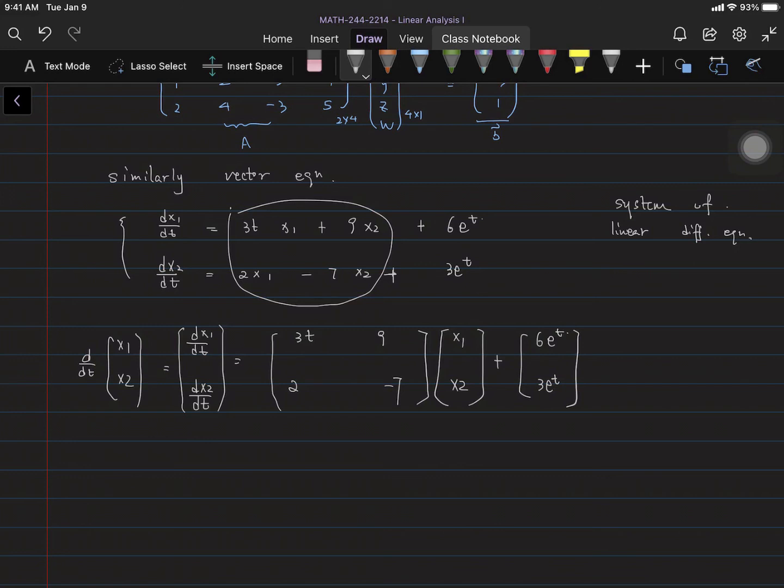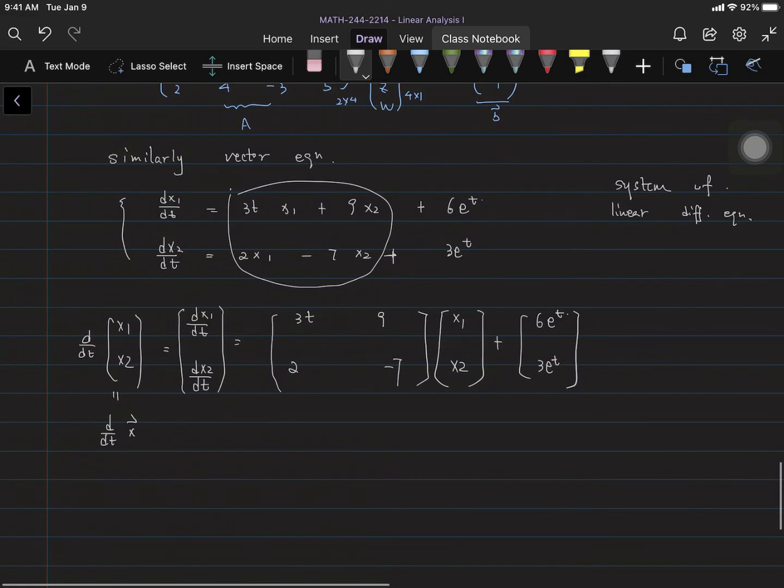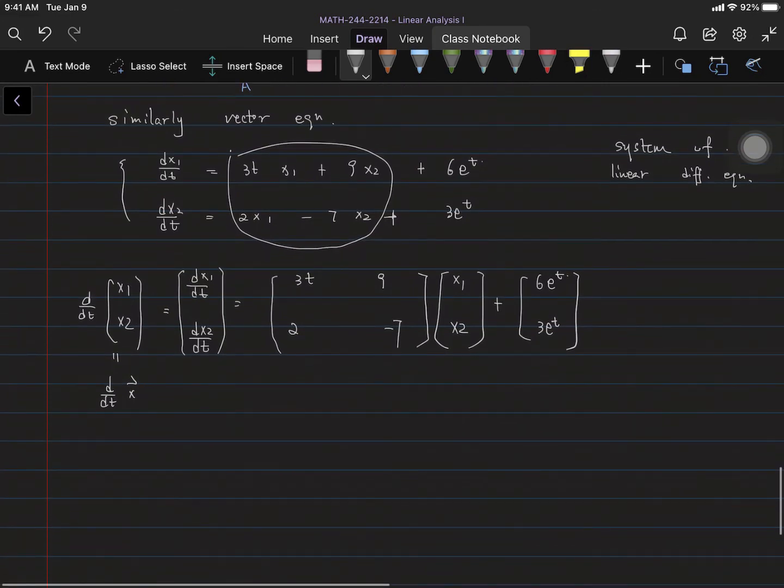That's the derivative of this matrix, and we can also write this as dx/dt, where x is a column vector. So in this case, the vector form for this differential equation system is given by dx/dt equals Ax plus B. Is that right?